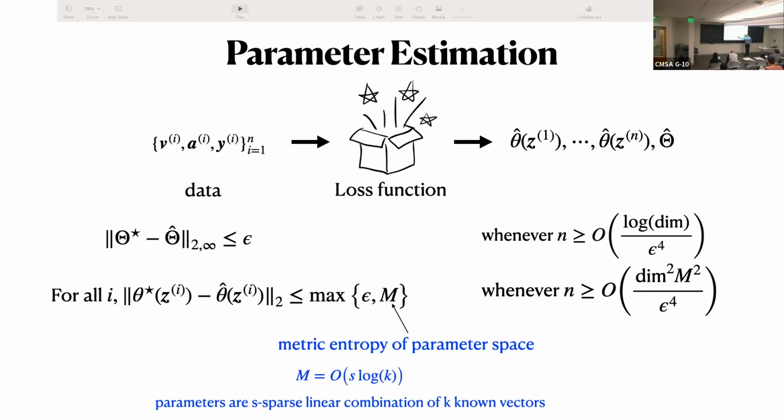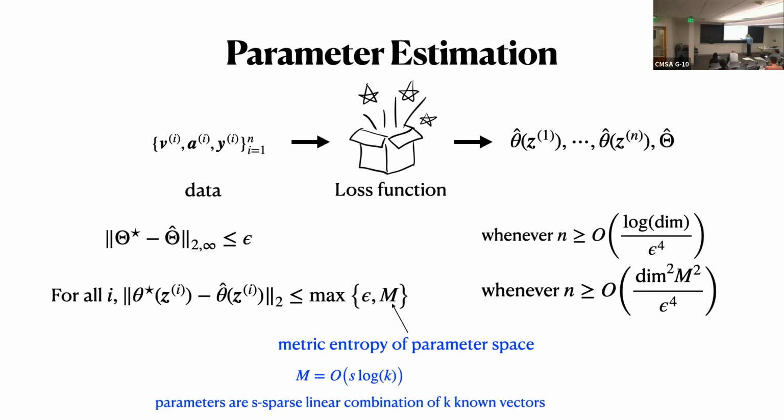Then per node parameter estimation for node wise things would scale like this, and there the dependence would be polynomial in dimension rather than logarithmic. It'll depend on the metric entropy of the parameter space in which things live. And then, of course, dependence on epsilon to the power 4.